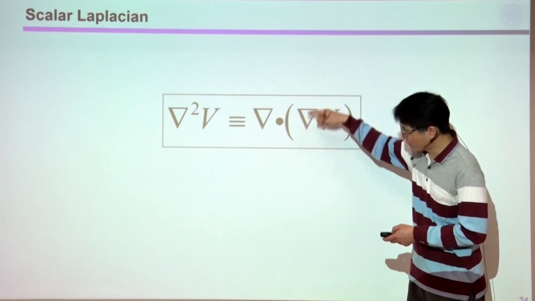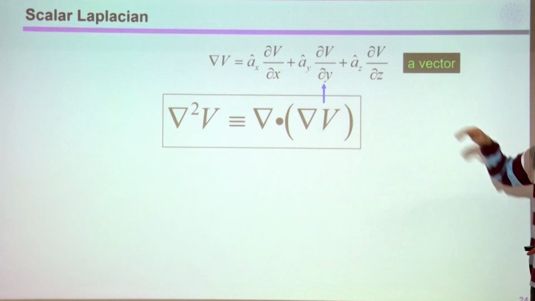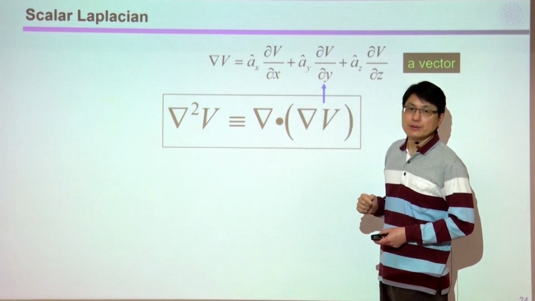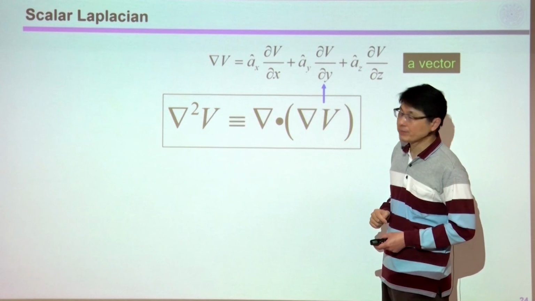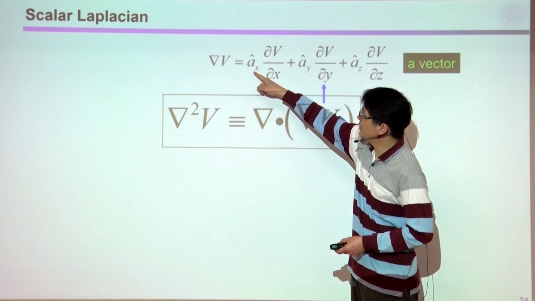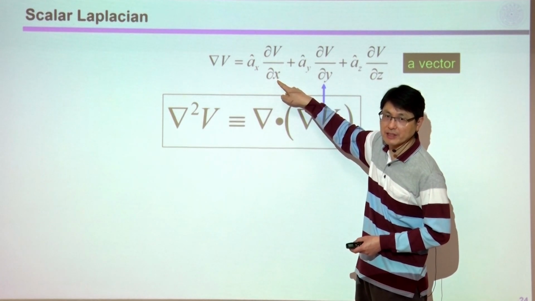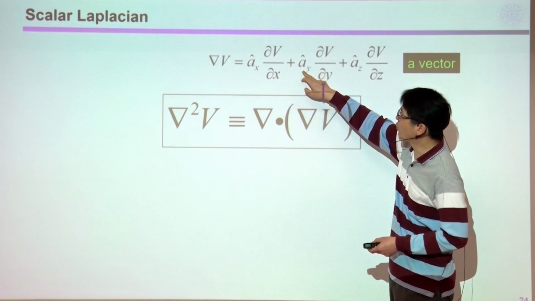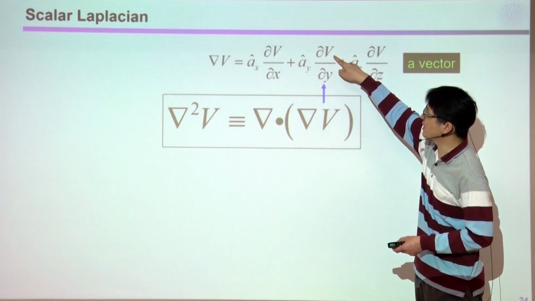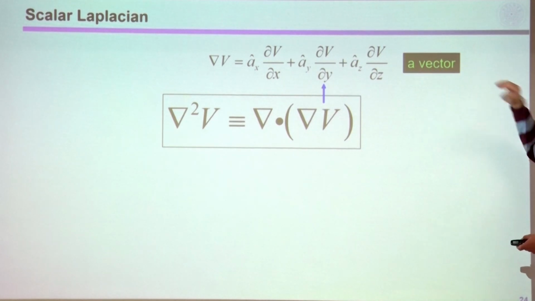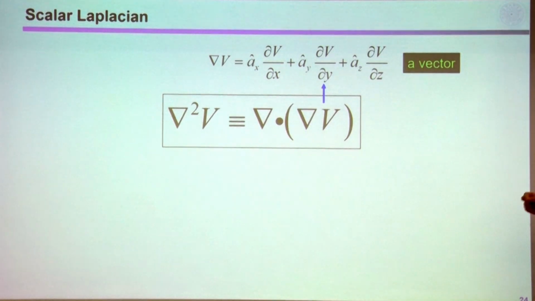So once you perform the gradient, in Cartesian coordinate, gradient is giving you a vector. So the x component is your scalar field making a partial derivative in the x direction, and then the y component is del v del y, z component del v del z. So essentially you have a vector.